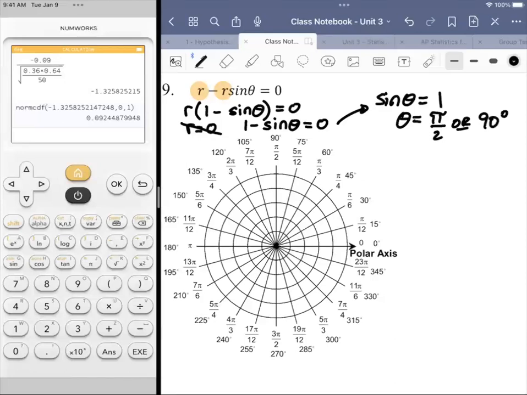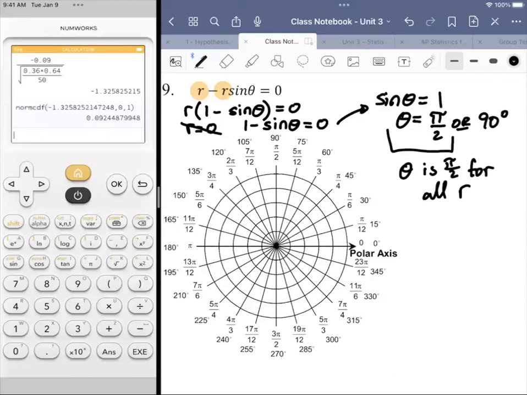One thing that we learned last time is that if you have an equation like theta is equal to pi over 2, that means theta is always equal to pi over 2, regardless of r. So theta is pi over 2 for all r.